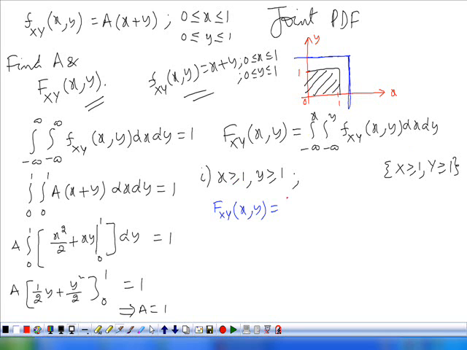So I can write it as x taking values 0 to 1 and y taking values 0 to 1, because this is the common region. Understood? So in that interval, this is again the integral of x plus y dx dy, which is equivalent to 1. Is it right?